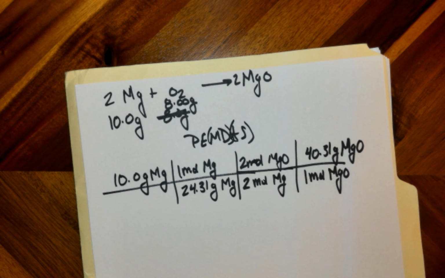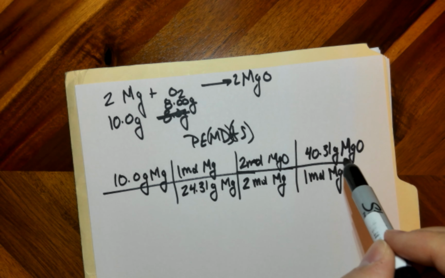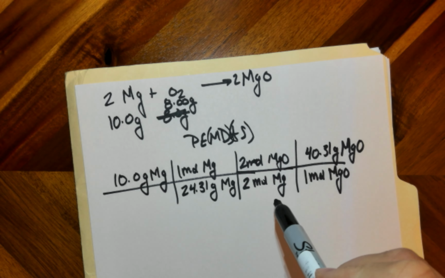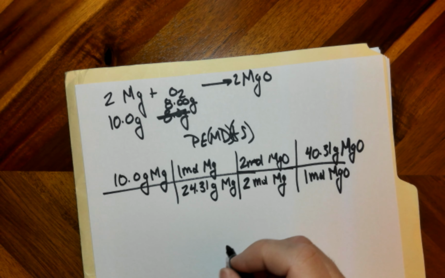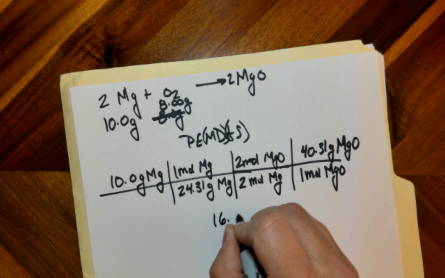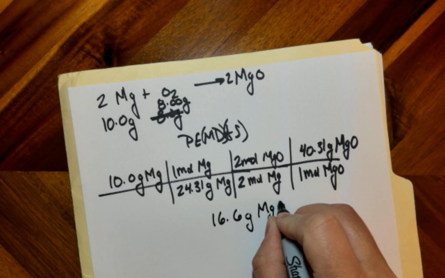You can do them in any old order. When I do this all in my calculator, I should get 16.6 grams of magnesium oxide.